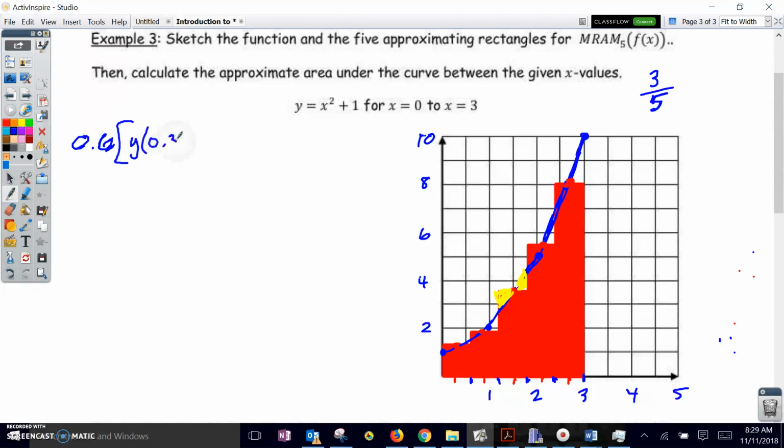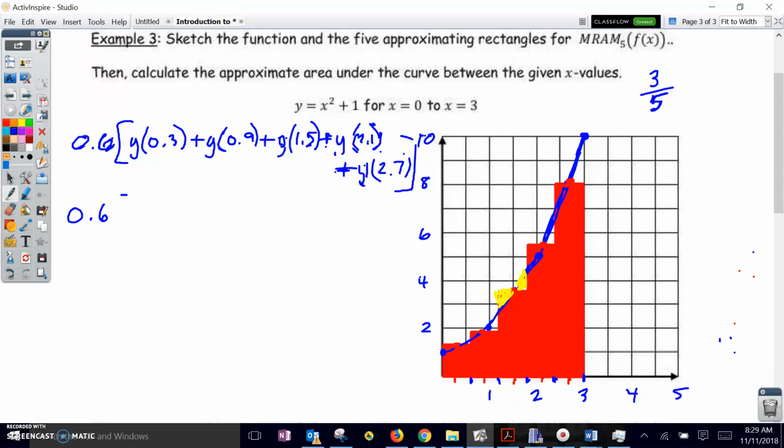So we want the y value at x equals 0.3, 0.9, 1.5, at 2.1, and at 2.7. Okay, so we'll find those values.